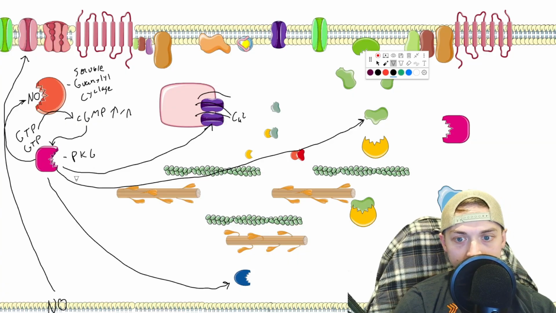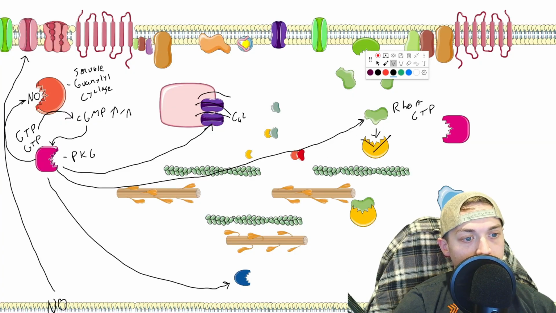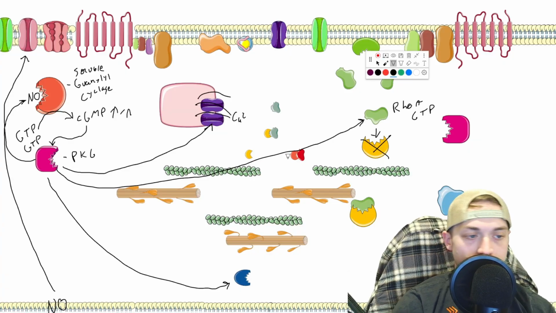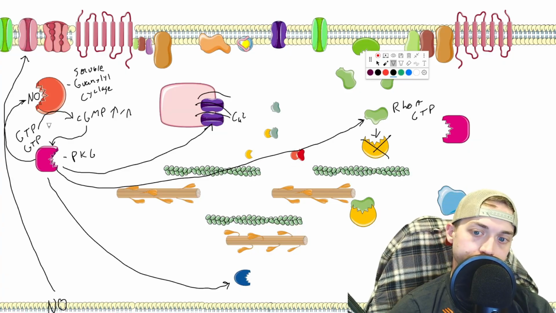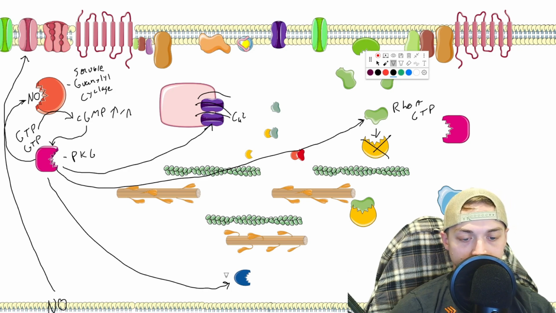The other thing it's going to do is it's going to come over here to our Rho A protein that we talked about, the Rho A GTP, and it's going to inactivate it. Now, once this is inactive, it's not going to be able to undergo the ROC pathway to maintain that contraction. The other thing it's going to do is it is going to come all the way down here, and it's going to phosphorylate our MLCP, or myosin light chain phosphatase.